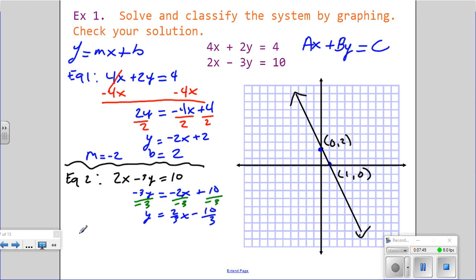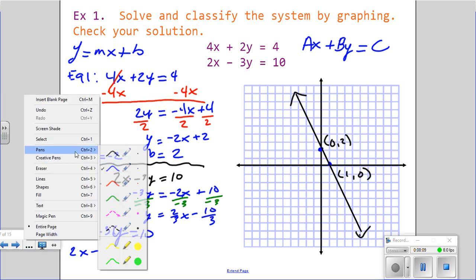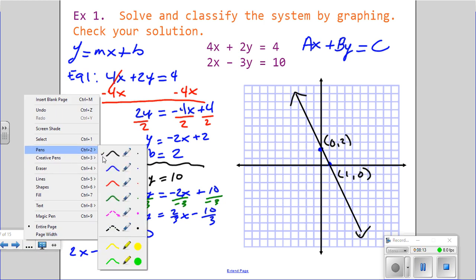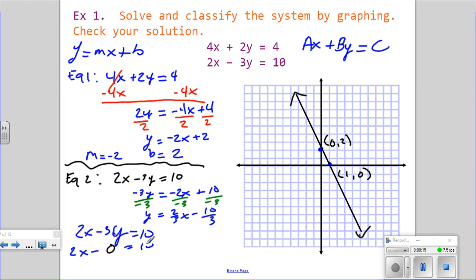So to find the x-intercept, you would take the equation 2x minus 3y equals 10 and replace y with 0. So essentially you're covering it up, making this whole 3y turn into 0. And solve for x.